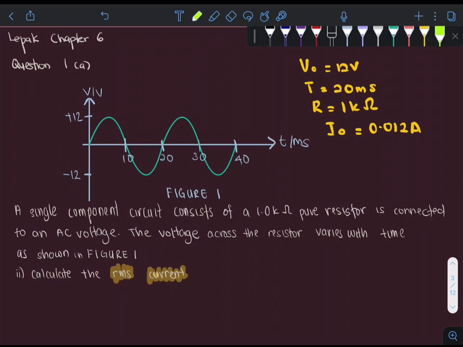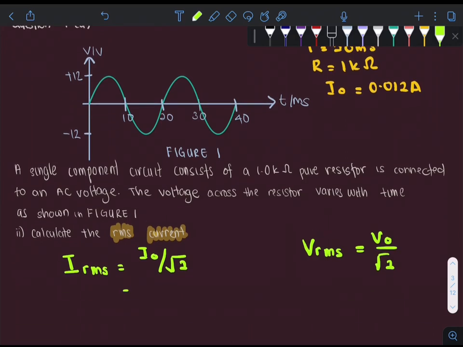For I RMS, we have a specific equation to find the root mean square, where I RMS is given as the peak current divided by root 2. The same concept applies for the root mean square of the voltage, where V RMS is equal to V naught over root 2.